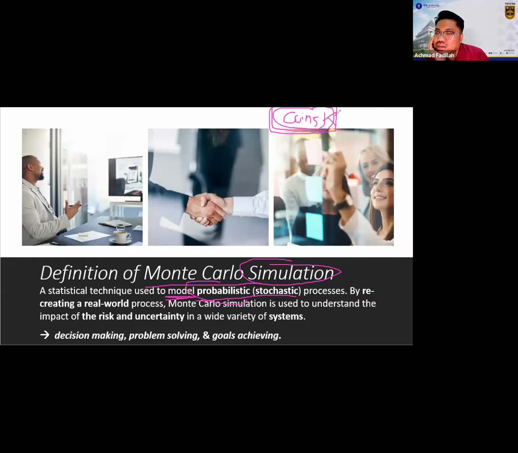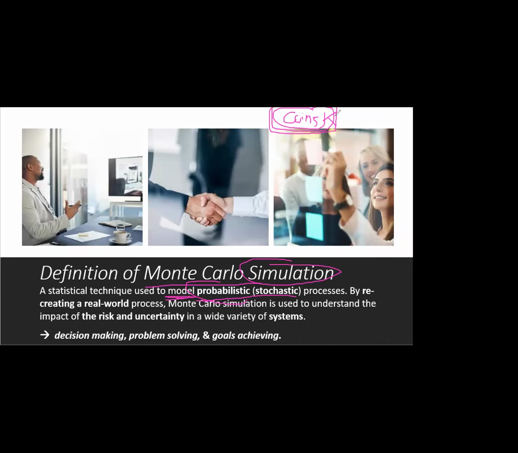My question is, if you have a coin, how many events or moments will you get from flipping the coin? I think two, sir. Maybe the heads or the tails.